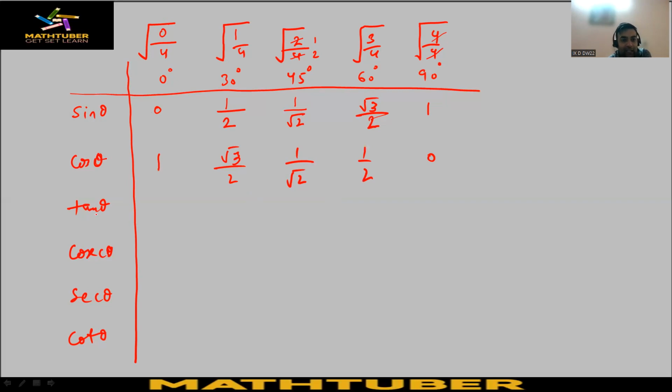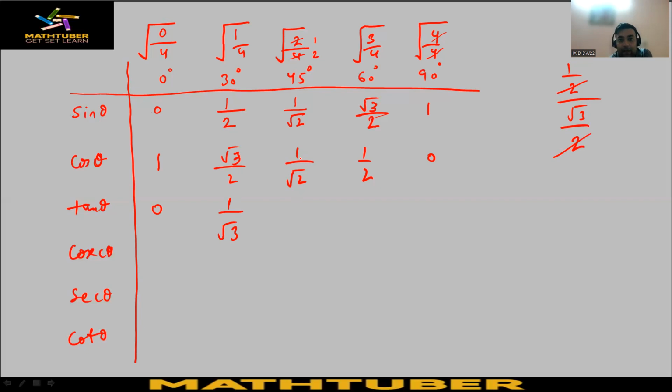Then for tan theta, we know that the formula of tan theta is sine theta upon cos theta. So you just need to divide all these values of sine theta and cos theta. So 0 upon 1 becomes 0. 1 by 2 upon root 3 by 2. So here what we have to do is we need to divide them, and we know that this 2 can cancel this one. So the answer will be 1 by root 3 here.